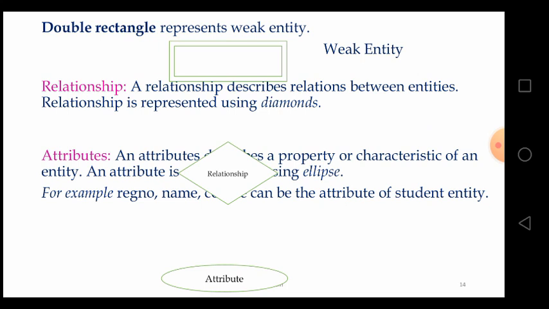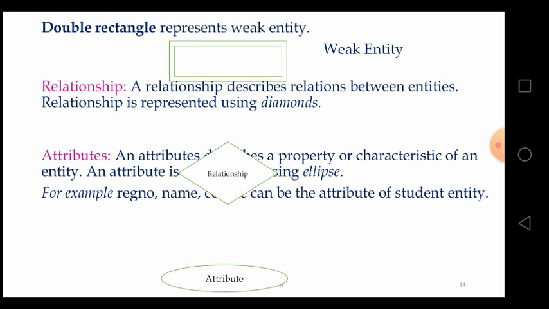Diamonds are used for relationships. A relationship describes relations between entities. Next, ellipse. An ellipse is used for attributes. An attribute describes a property or characteristic of an entity. For example, register number, name, course are attributes of the student entity.